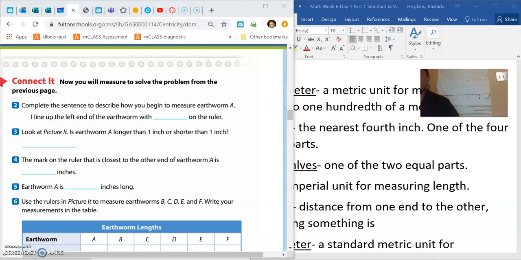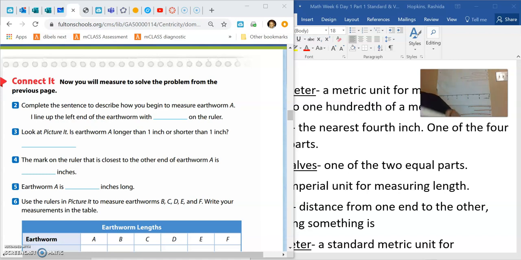Okay. Number 4, the mark on the ruler that is closest to the other end of earthworm A is, so let's look at the end of earthworm A, and the mark is at 1.5. Is it closer to 1 inch, or would earthworm A be closer to 2 inches?